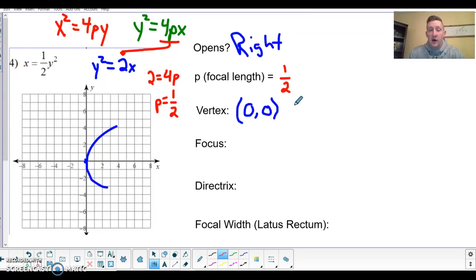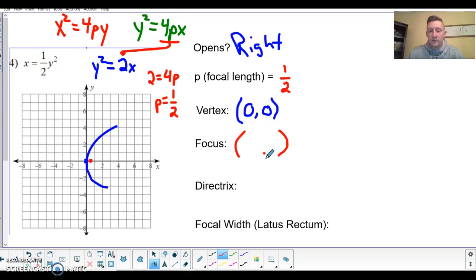So that's how far I need to go from the vertex to the focus. So if my vertex is 0, 0, and this parabola opens to the right, I need to go to the right 1/2 unit to get to the focus. So from the vertex, I'm going to go 1/2 unit to the right, which puts me right about there. Okay. Now, let's label that point.